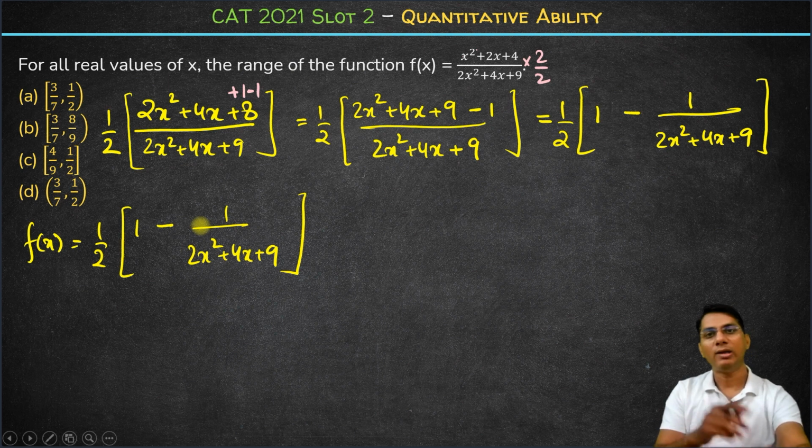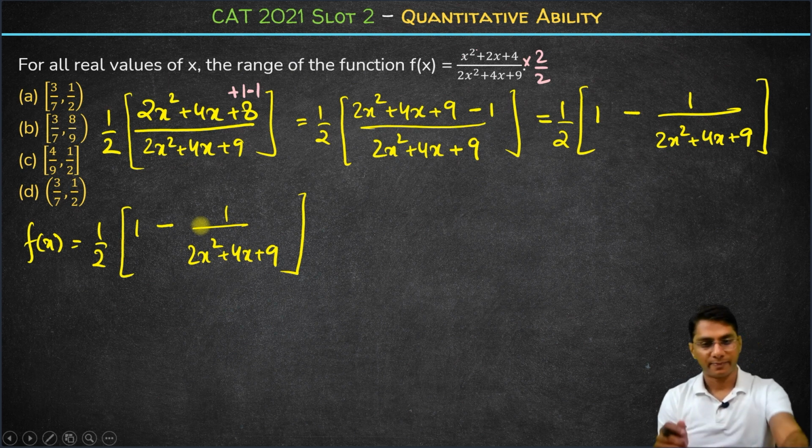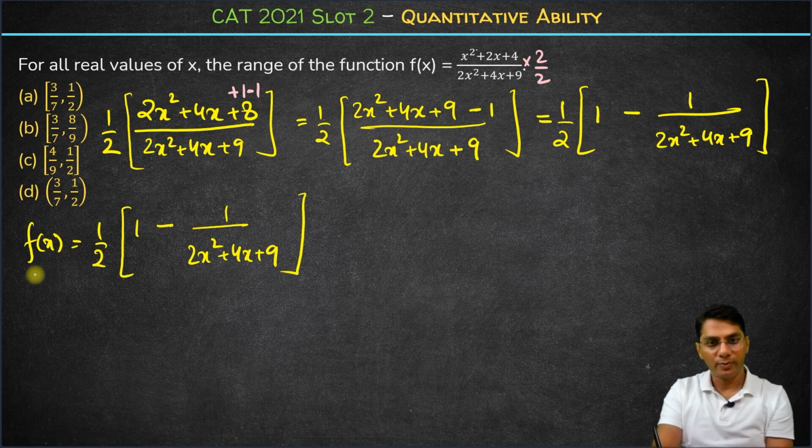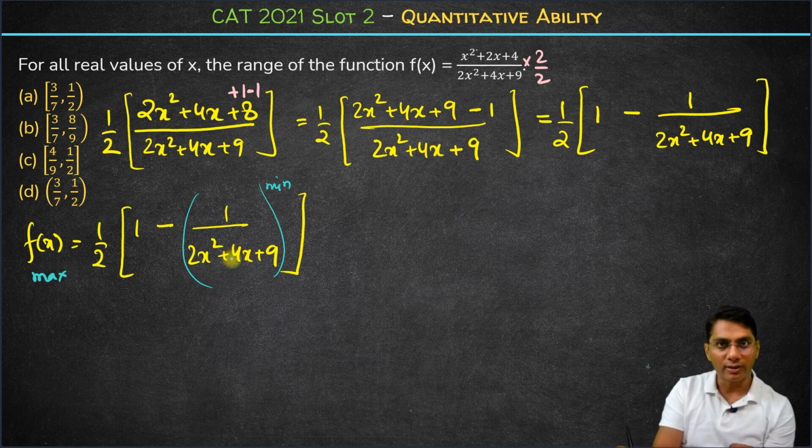Right? And now let's try to figure out the range of f(x). Now for f of x to be maximum, we have 1 minus something. So this will be maximum when the thing that is getting subtracted is minimum, right? Now when will this expression be minimum? This expression is 1 upon a quadratic.